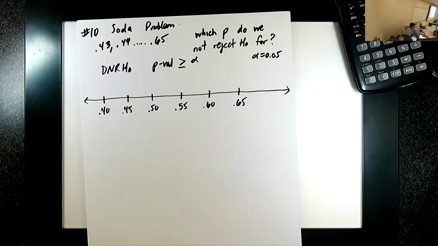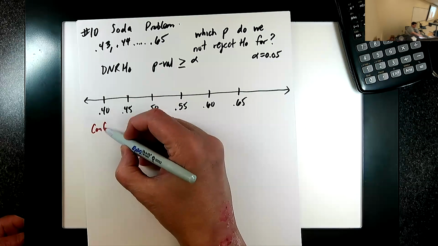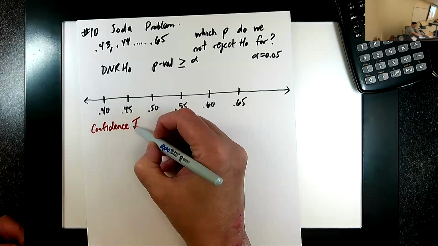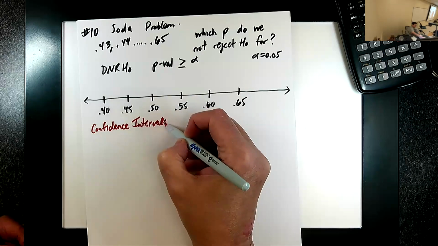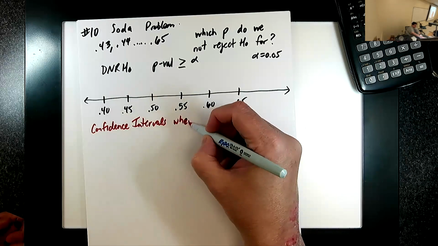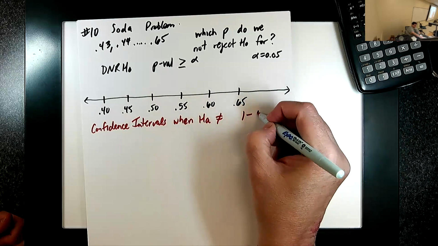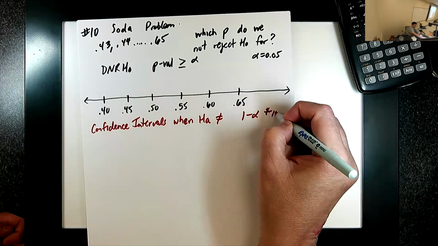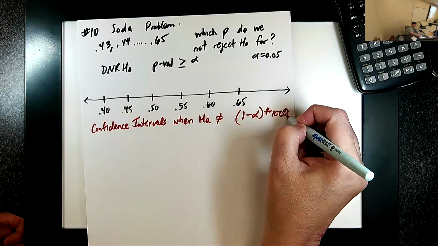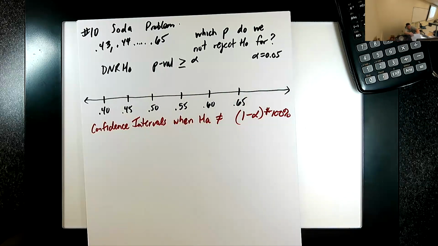This is directly related to confidence intervals. The confidence interval when HA is not equals is 1 minus alpha times 100%. Did I say that to you guys earlier?